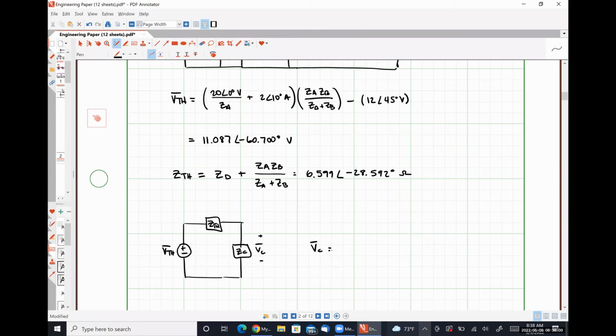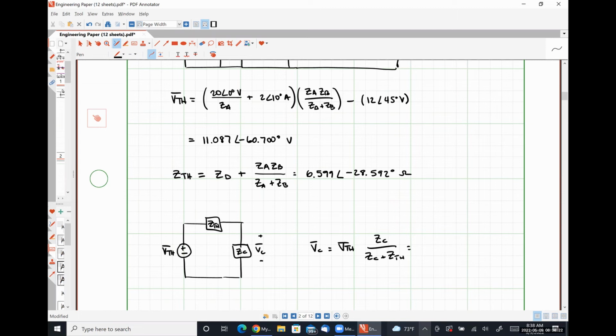Using voltage division, VC is simply VTH times ZC over ZC plus ZTH. And wouldn't you know it, I saved VTH and ZTH in my calculator because I knew what I was going to do here.